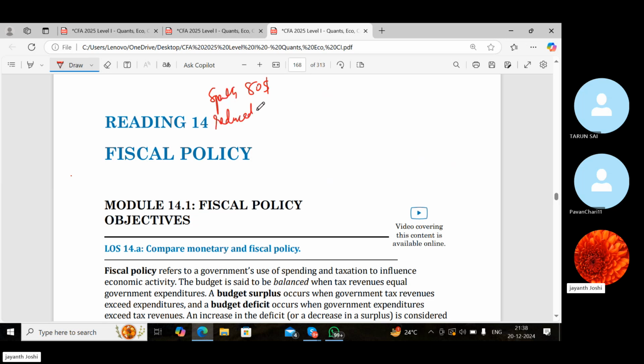In the previous example, they were able to spend 800. Now they are spending like 720. So $80 their spending has got reduced. Now please understand. Government spending adds to GDP. Important point.